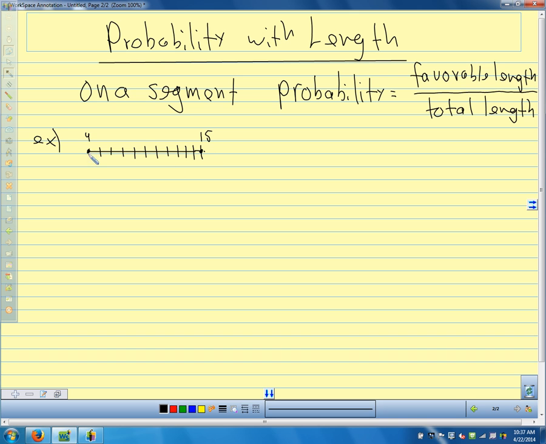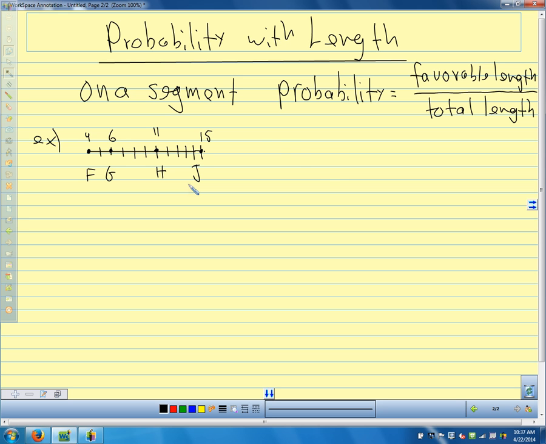So the segment goes from 4 to 15. And I'm going to label some points here: F, G, H, and J.